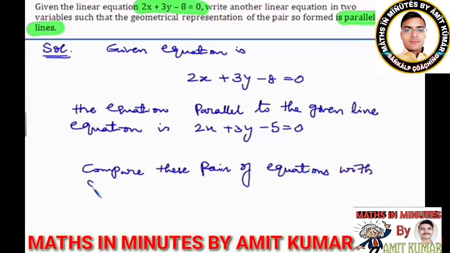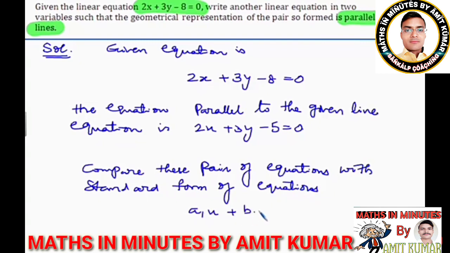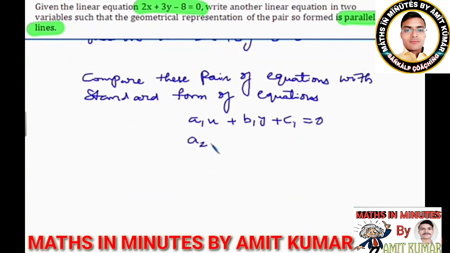ओके, तो बाय कंपेयरिंग द पेयर ऑफ लीनियर इक्वेशन विद द स्टैंडर्ड फॉर्म of linear equations which are in the following ways: a1x plus b1y plus c1 is equal to 0, and another equation a2x plus b2y plus c2 is equal to 0.